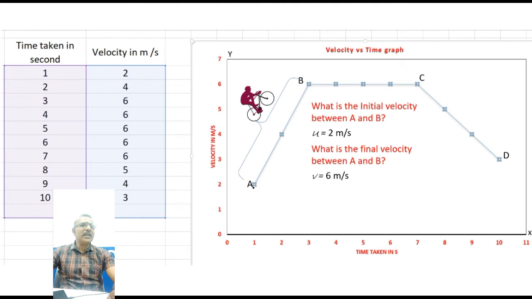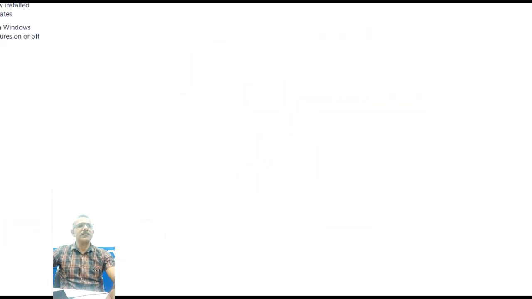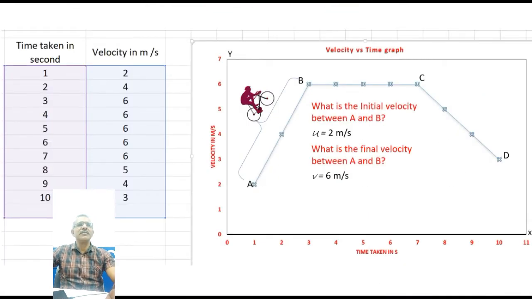Then find out how much time we have taken to move from 2 meters per second, that is initial velocity 2 meters per second, to final velocity v equals 6 meters per second. How much time?